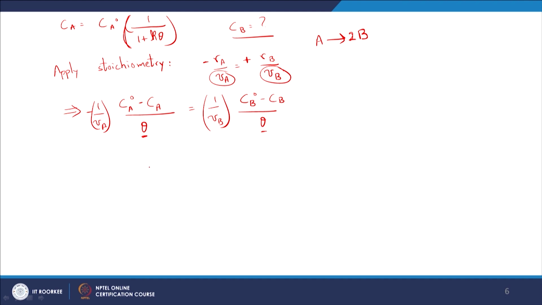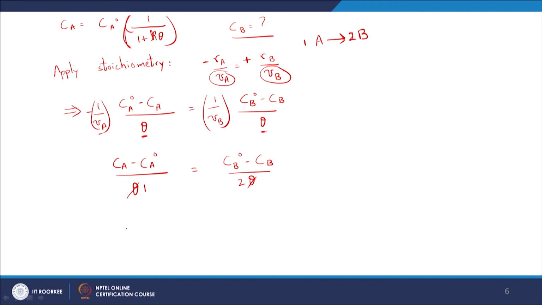So once you have this, let us plug in the relevant values for the stoichiometric coefficients. It is going to be Ca minus Ca naught by the stoichiometric coefficient of A, which is just 1 here, so 1 or theta here, that is going to be equal to Cb naught minus Cb by 2 theta. So theta, theta obviously they cancel out. So this is what we have.